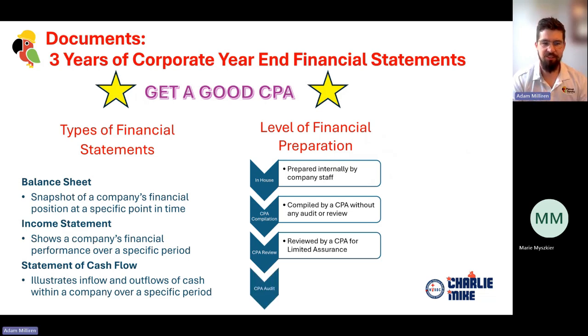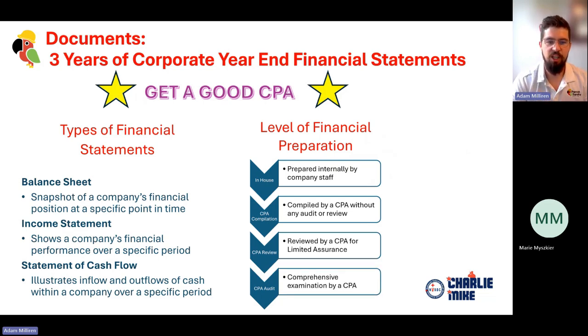And if it's 2024, like it is right now, and in 2025, you're going to break that $3 million threshold of contract size, just go ahead and get a CPA audit done. This is a comprehensive examination by a CPA. These can take like 60 days and cost a lot more money, but in order to really get up over that $3 million threshold for small and emerging contractors for single project size, you're going to be looking at CPA audits for that.